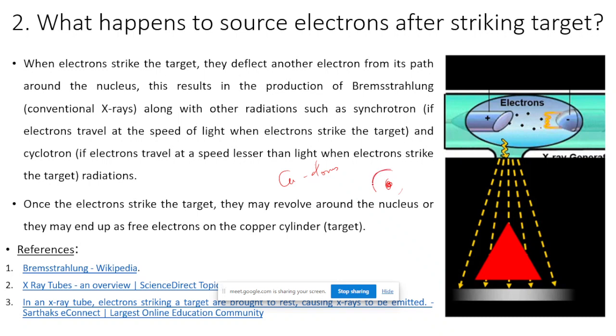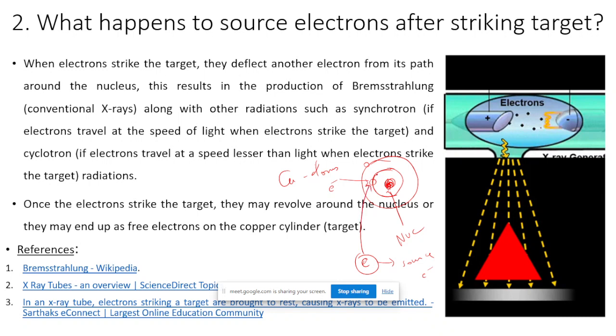So there is the nucleus, and then you have all the electrons surrounding the nucleus. So this is the nucleus, that is the electrons, and then here is the source electron, and that comes and disturbs this particular electron.